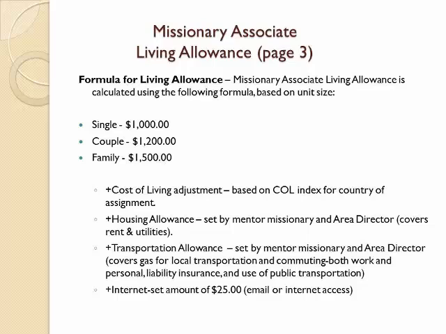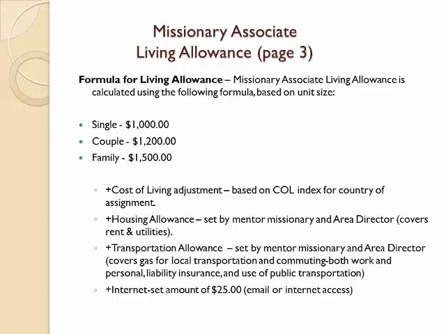So everybody's personal allowance is going to be different, and that's where you're going to see your budget. They probably have gotten with you, and if they haven't yet, they're going to go over your budget and show how much you're going to get while you're living in whatever country you're going to. They probably have contacted your mentor or your area director to find out what kind of housing expenses.